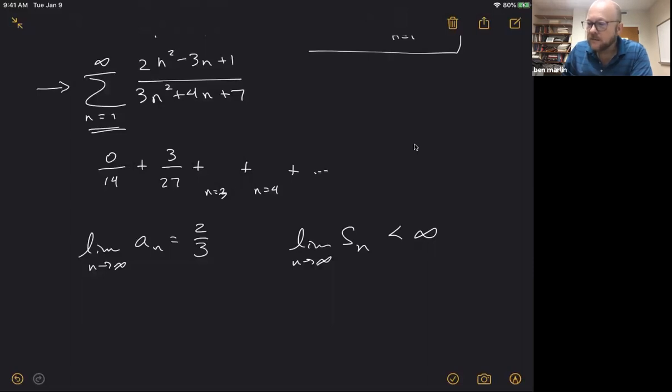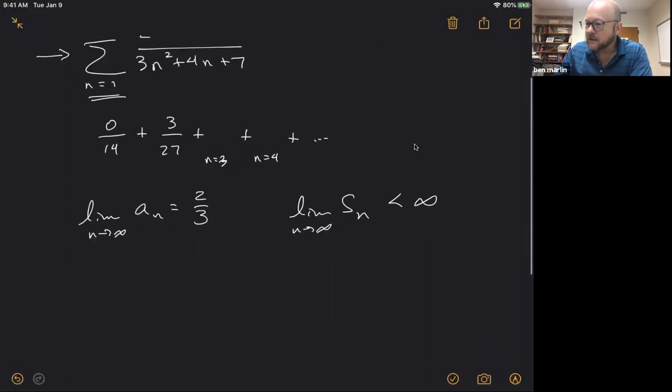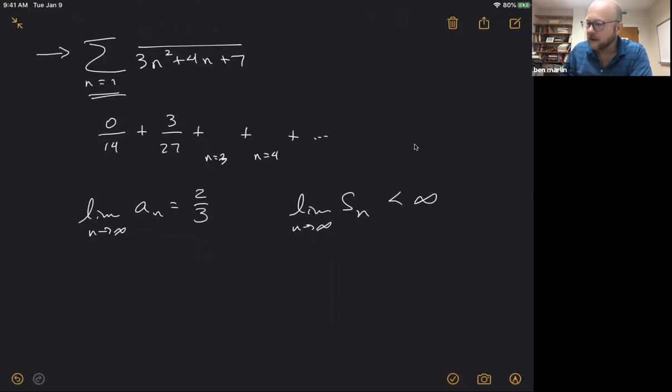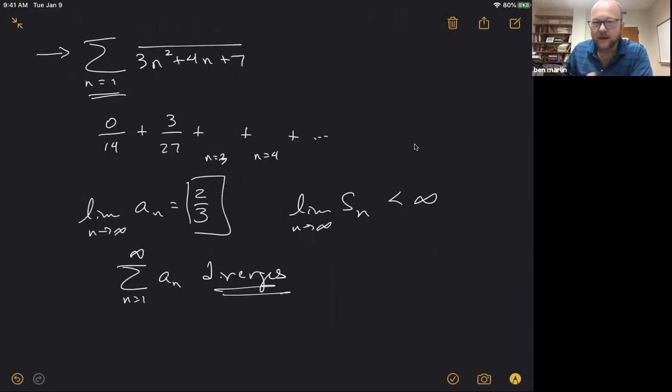So anytime that you can find out that the limit of the terms goes to something other than 0, then you can automatically say that your summation n equals 1 to infinity of that a sub n diverges, just because you're adding up infinitely many things and the things are not going down towards 0. All right.